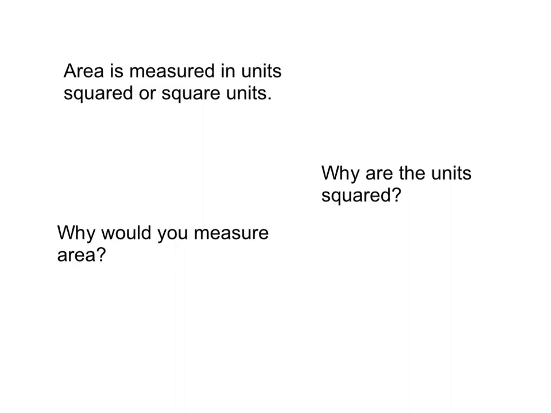Either way is fine. Now, two things I want you to think of while we go through this are: why would you measure area, and why are the units squared? We'll come back to that, and you'll probably have an answer before I even get back to it. But those are two questions that are kind of important. All right, so let's get started.